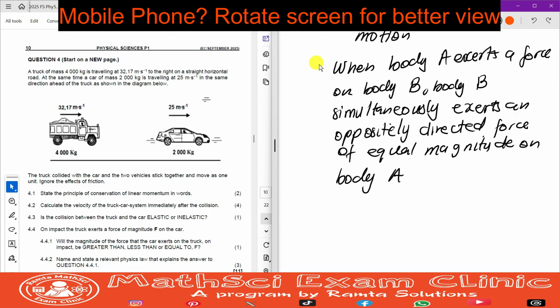When body A exerts a force on body B, body B simultaneously exerts an oppositely directed force of equal magnitude on body A. And this is how you answer your momentum questions.